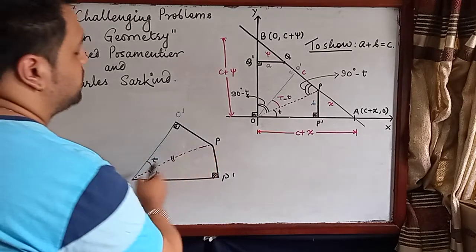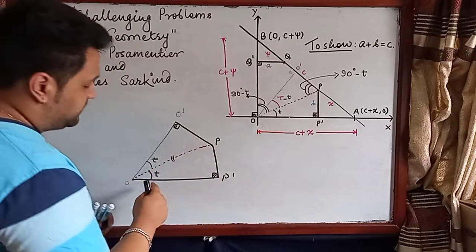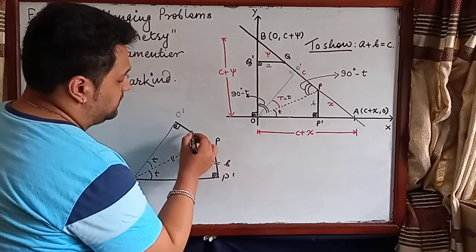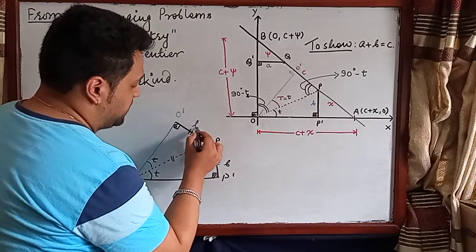So these two triangles are congruent, and as a result, if this is B, then this is B.